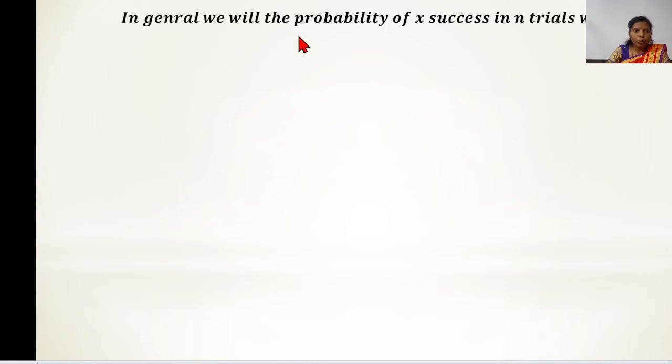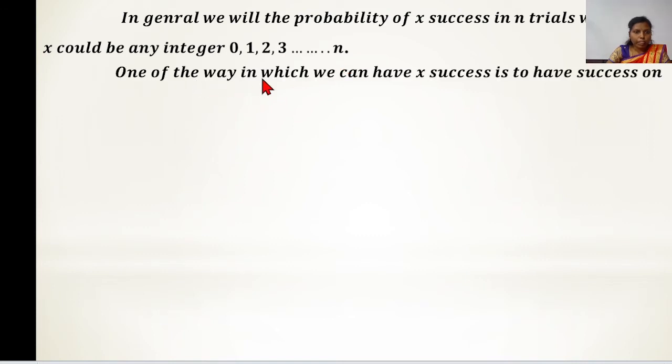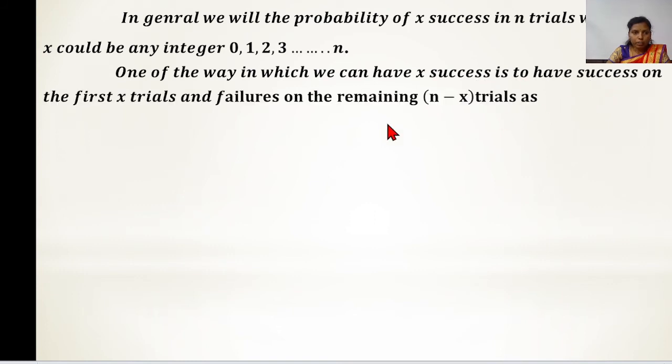In general, we find the probability of x successes in n trials, where x could be any integer 0, 1, 2, 3, and so on up to n. One of the ways in which we can have x successes is to have successes on the first x trials and failures on the remaining n minus x trials, as we are given n trials and x successes, so the remaining n minus x trials are failures.